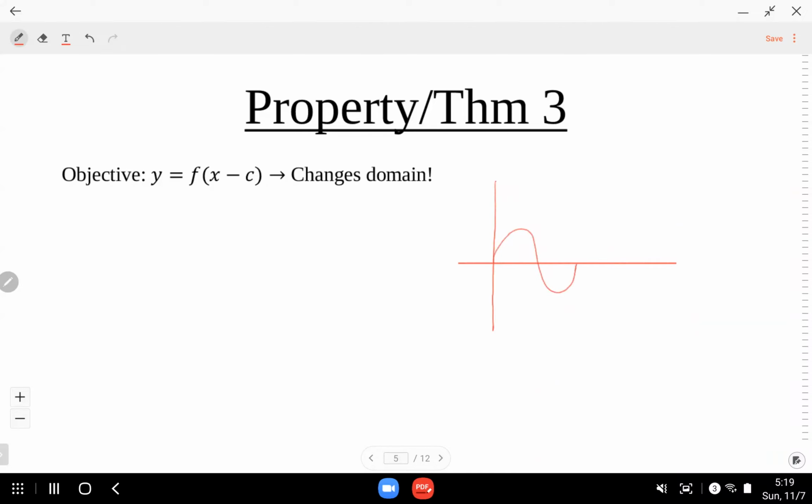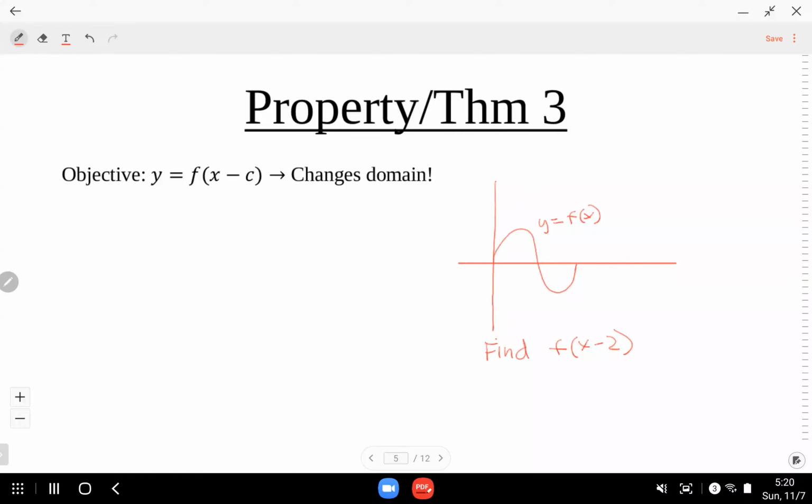So the same graph as before. This is y equals f of x, okay? And what if we wanted to find f of x minus 2, okay? Now, I actually made a mistake earlier. You don't just subtract 2 from the x value.